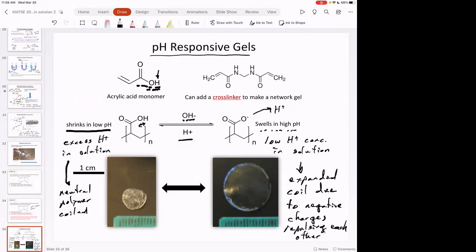And then we can put it in water and we can change the size of that polymer depending on what we're doing with the pH. And this is really cool because all we're doing is changing the ion pairing, and that's causing a physical change in the size of whatever thing we're interested in. In this case, it's just this disc.